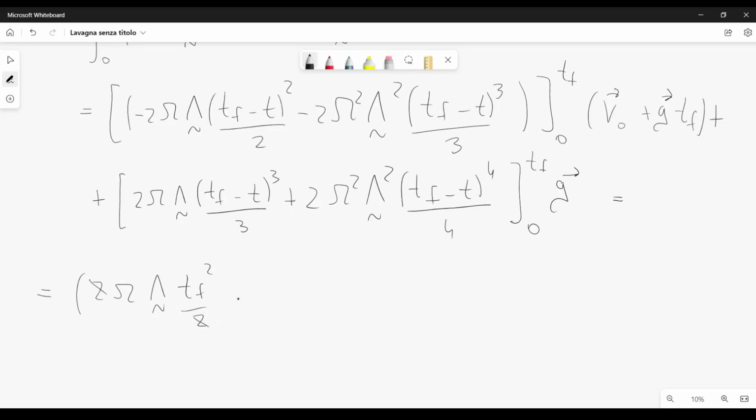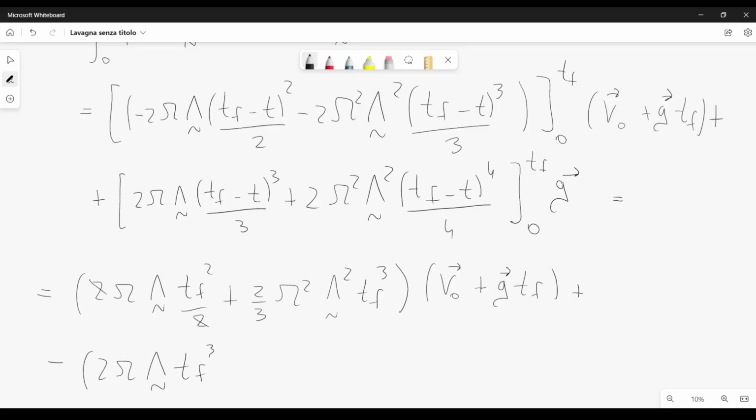This will cancel this, plus 2/3 omega squared lambda squared tf cubed times v0 plus gtf, plus, here we have minus 2 omega lambda tf cubed over 3 plus 2 omega squared lambda squared tf to the fourth divided by 4 times g.